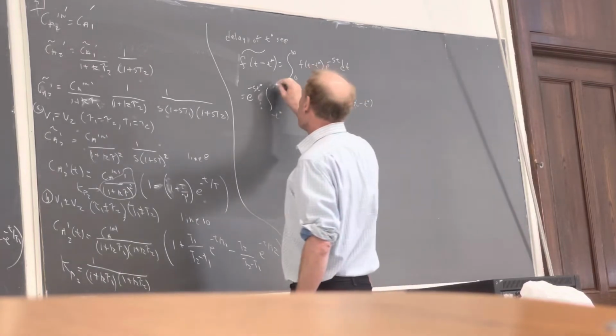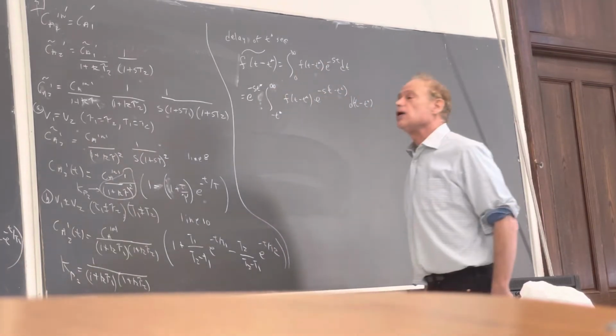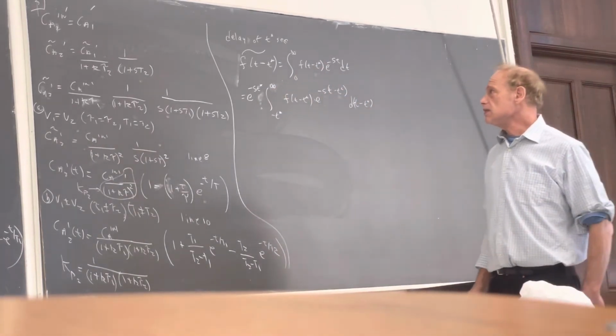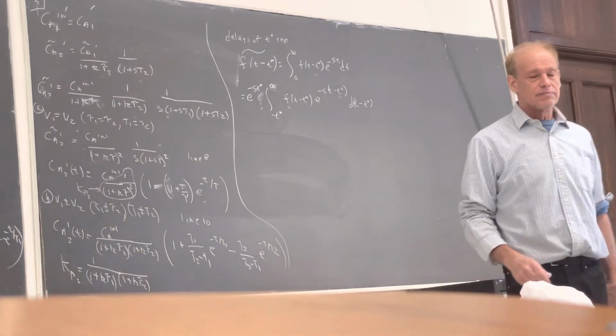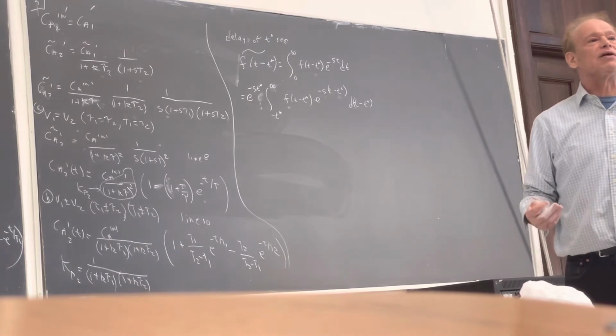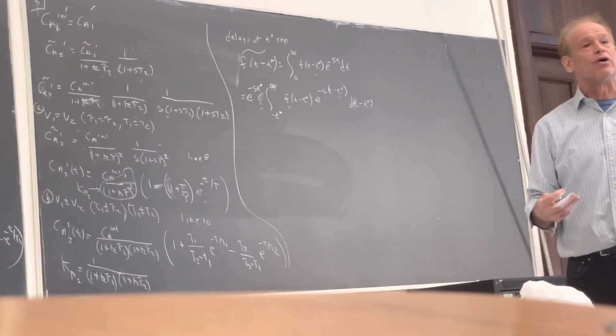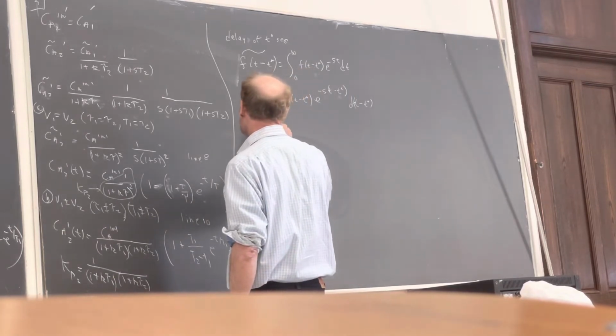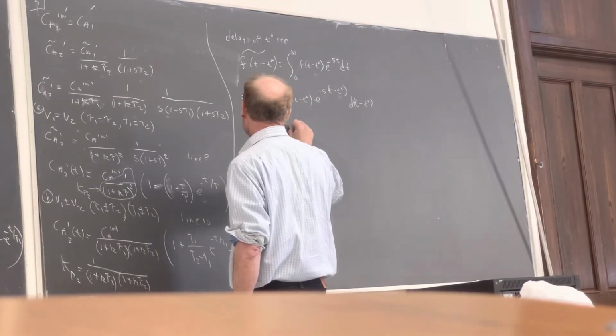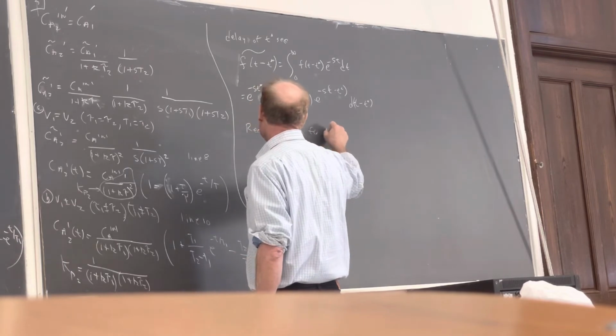But if you remember, one of the assumptions we had was that f for its argument less than 0 was 0. Recall, f of t is 0 for t less than 0.